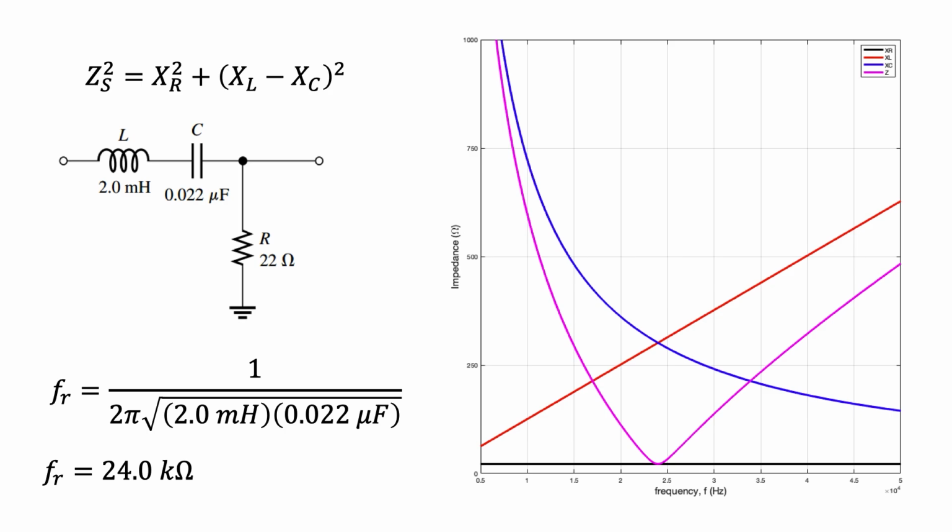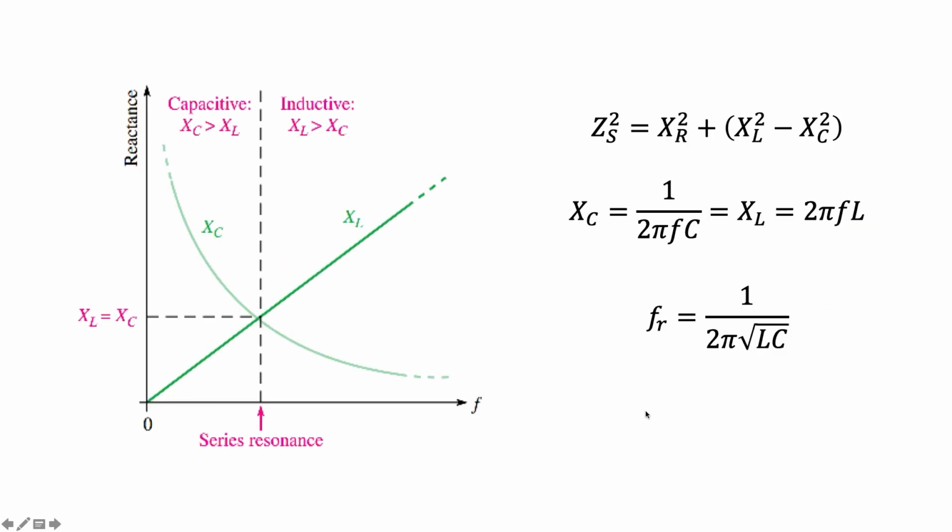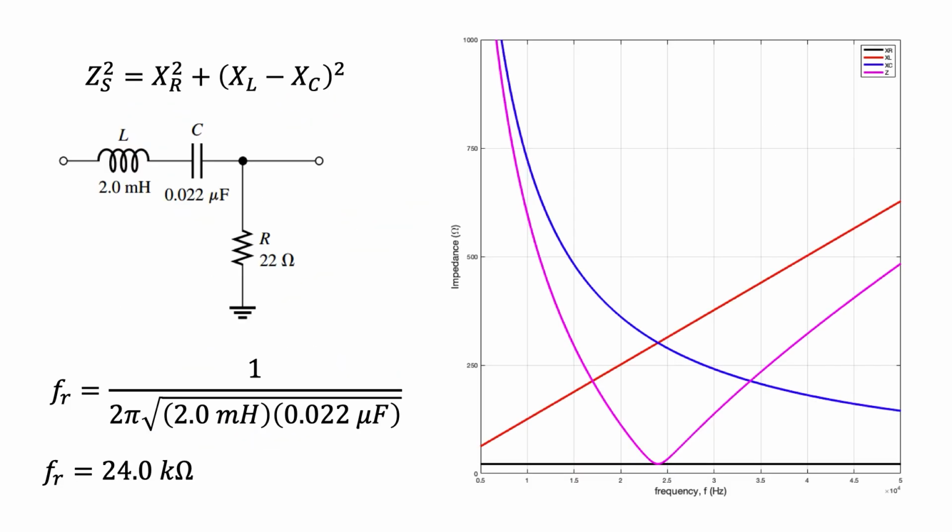The current and voltages are also maximum and entirely through and due to the resistor.